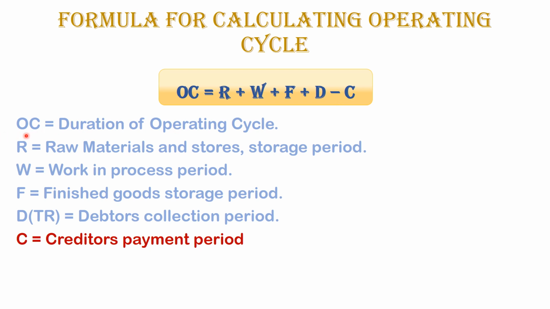Whereas OC stands for duration of operating cycle, R stands for raw materials and storage period or conversion period, W stands for work in progress conversion period, F stands for finished goods storage or conversion period, D stands for debtors or trade receivables, equals trade collection period, and finally C stands for creditors payment period.